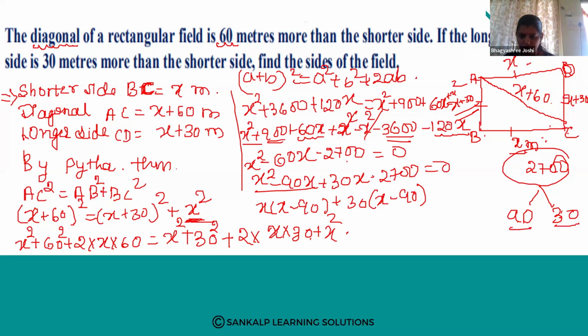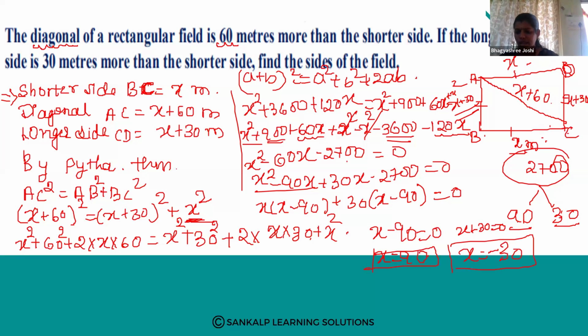That means two factors: x minus 90 equal to 0 and x plus 30 equal to 0. So x is equal to plus 90 and x is equal to minus 30.